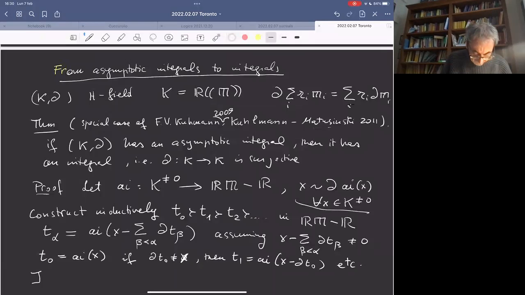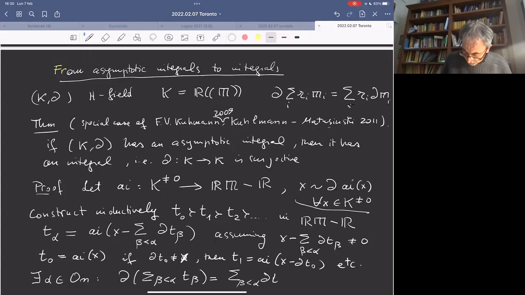So there exists alpha, an ordinal, such that you stop. And at that point, the derivative of the summation beta less than alpha of T beta, which is the same as the sum beta less than alpha of the derivative of T beta, is necessarily equal to x.